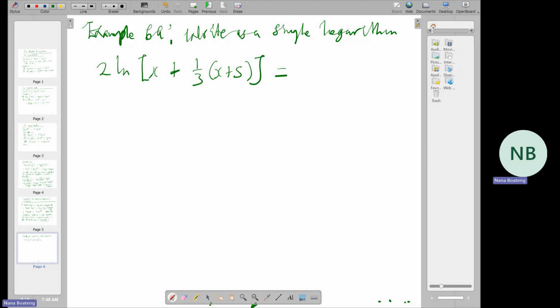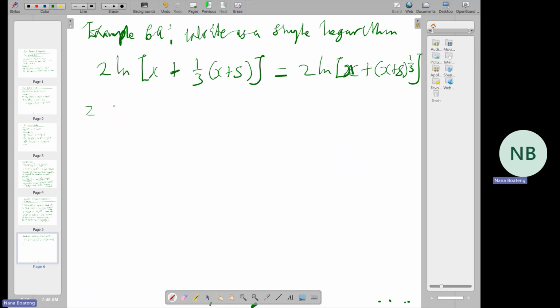So this is equal to 2 log of x plus, using the power rule, log of x plus 5 to the power 1/3, and bracket close.